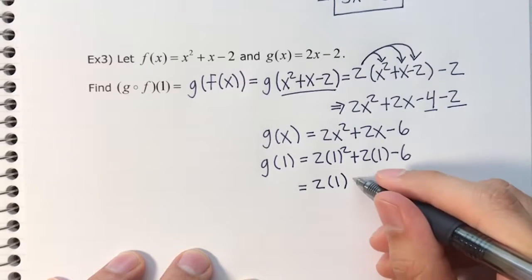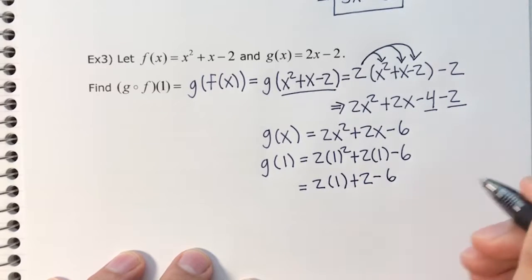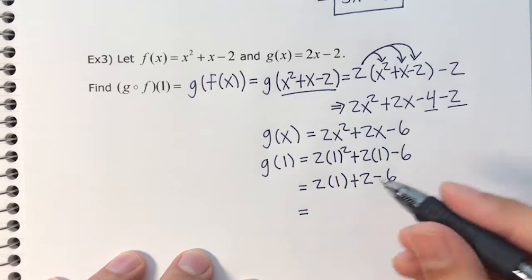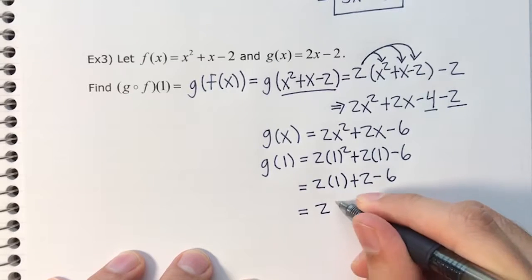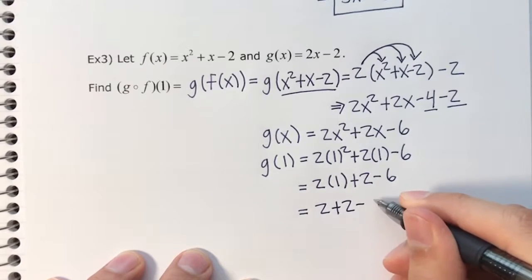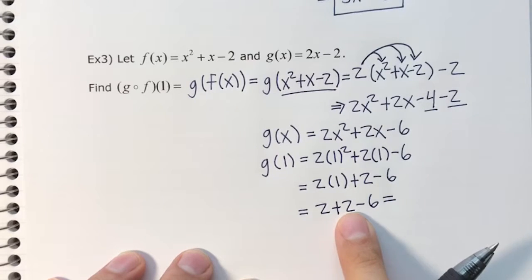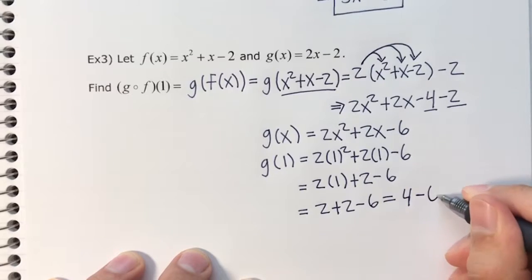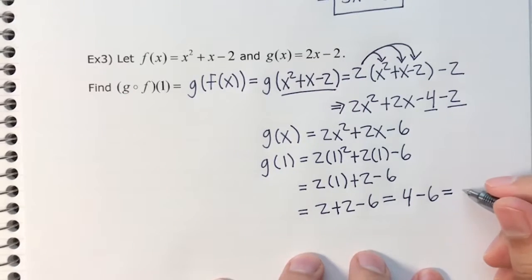What's 2 times 1? That's just 2. Bring down the minus 6. So we are going to have 2 plus 2 minus 6. 2 plus 2 is 4. So we have 4 minus 6. What's 4 minus 6? Well, that's negative 2.